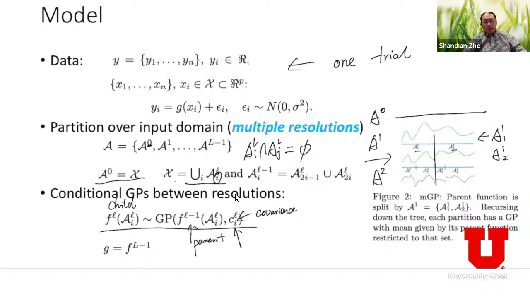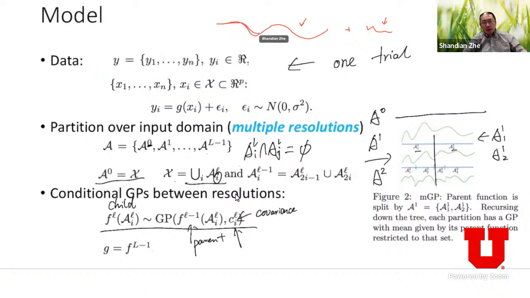So this mean function, if you view the Gaussian process mean function, you can view it as some already known function plus an additional function. So this is the parent, and this is the children. In the upper level, we want to capture the general trend of that function.